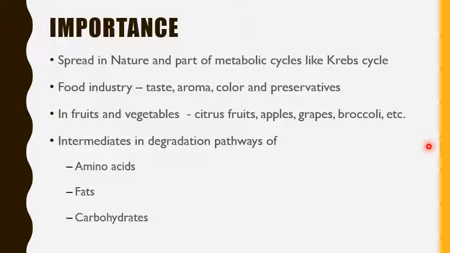Of course, we generally eat these citrus fruits, and we say an apple a day keeps the doctor away, and so maybe due to this carboxylic acid composition, I don't know. And then next, coming to the importance, they are the intermediates of degradation pathways. What are degradation pathways?